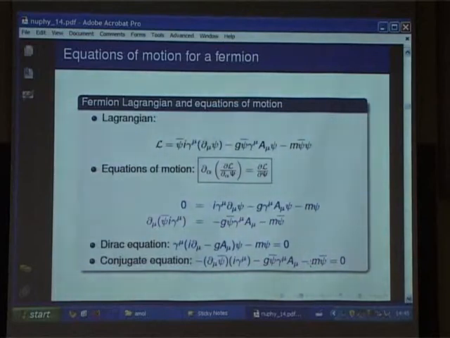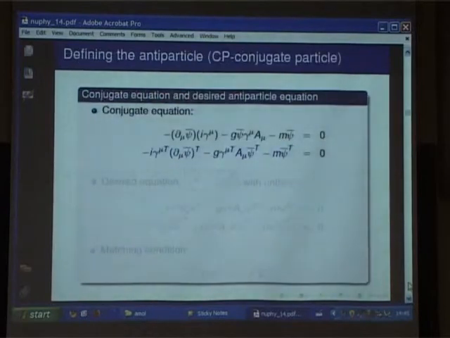So now I want to take a transpose of this equation to see an equation like this standard. So let me write the equation like this. So this is the same equation. Minus del mu psi bar i gamma mu minus g gamma mu minus m psi bar. Now I take transpose. Transpose is straightforward. So I take transpose of this. So this is minus i comes out. I have to transpose of this and transpose of this.